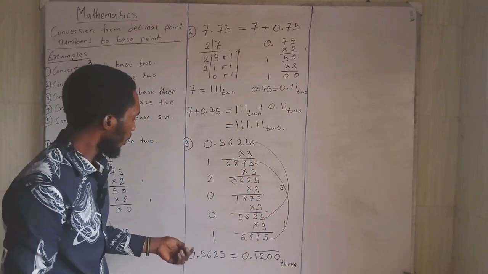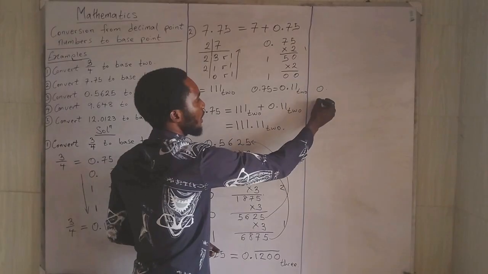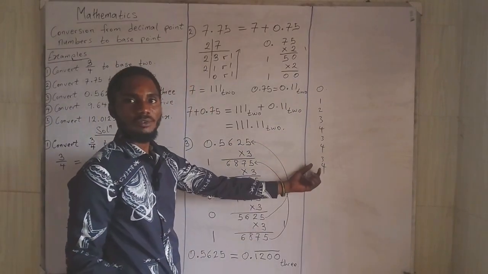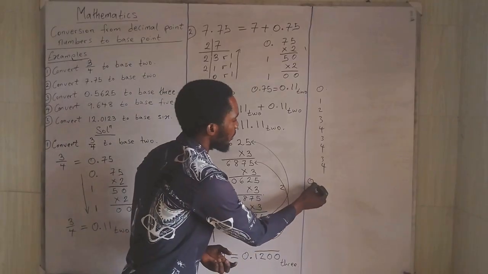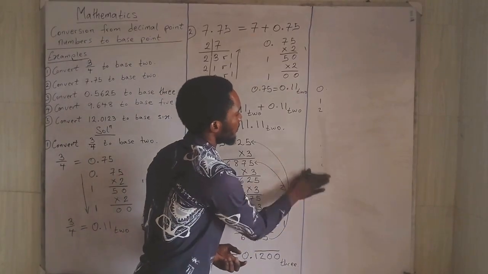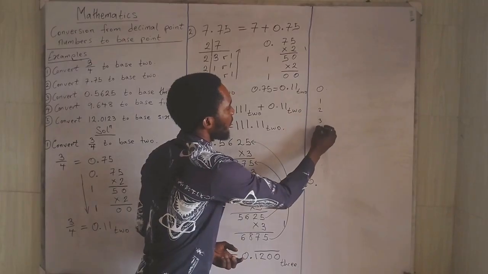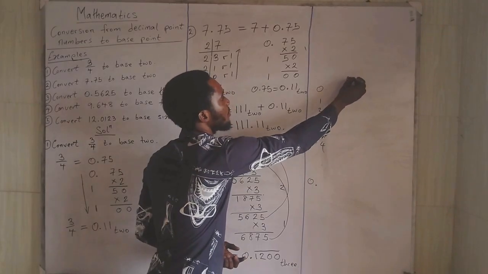If, for example, we have 1, 2, 3, 4, 3, 4, 3, 4, this is what we have. Let's say we are working with base 5.